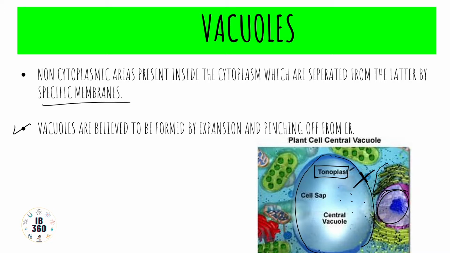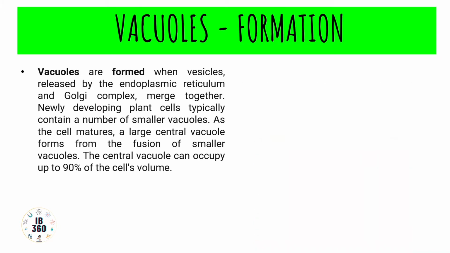This we will see. So, vacuole formation. Vacuoles are formed when vesicles released by the endoplasmic reticulum and Golgi complex merge together. Newly developing plant cells typically contain a number of small vacuoles.